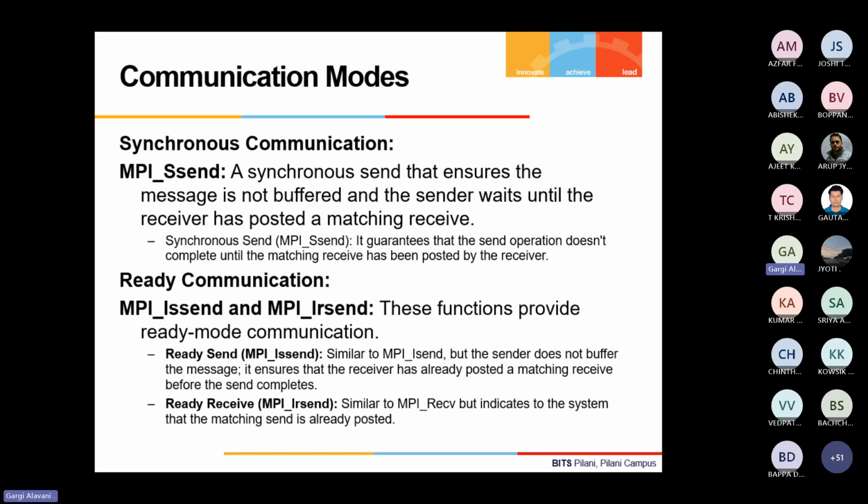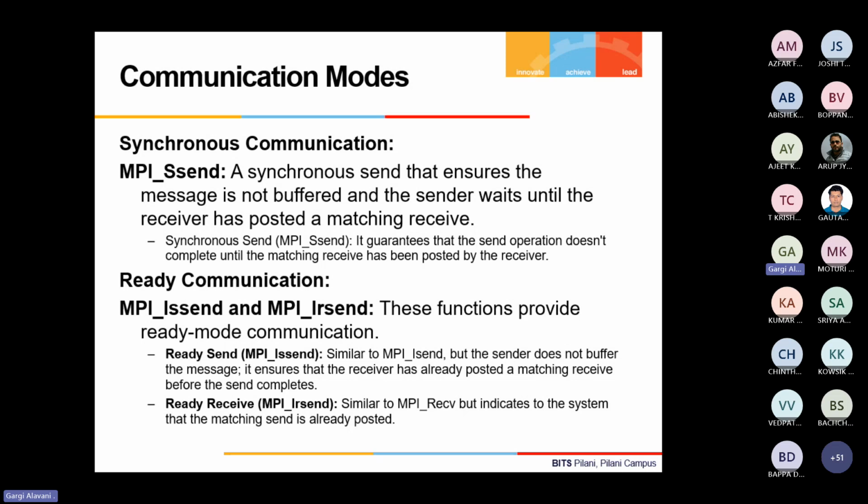Then you also have ready communication, which is MPI_Rsend and MPI_Irsend. These are two different sends. This function provides you ready mode communication, where ready send is similar to MPI_Isend, but the sender does not buffer the message. It ensures that the receiver has already posted a matching receive.